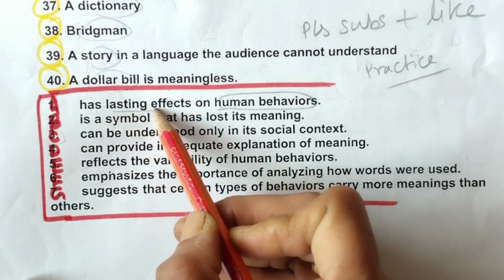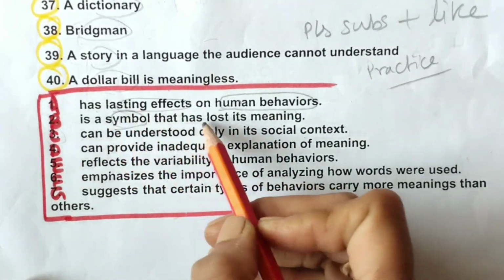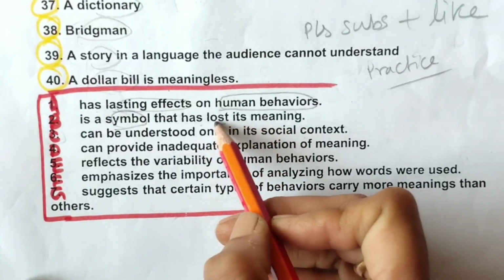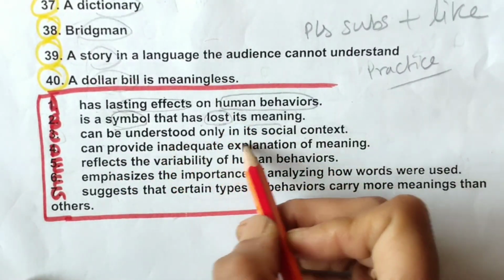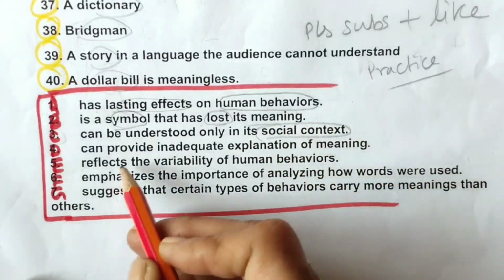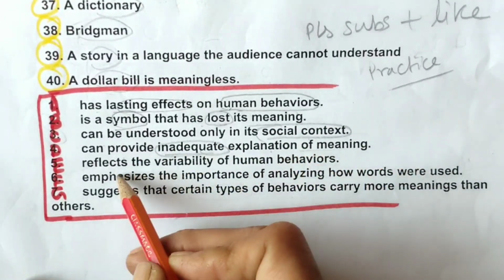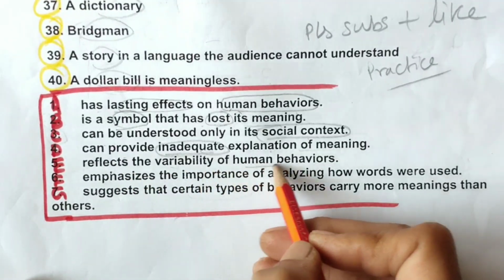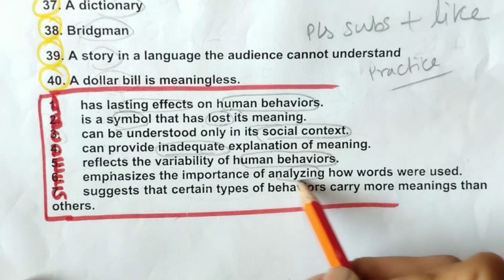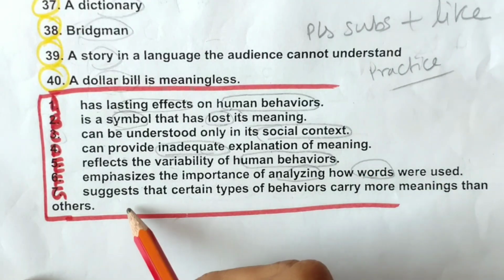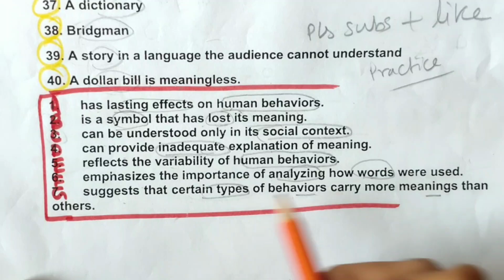Has lasting effects on human behaviors; is a symbol that lost its meaning; can be understood only in social context; can provide inadequate explanation of meaning; reflects the variability of human behaviors; emphasizes the importance of analyzing how words were used; suggests that certain types of behaviors carry more meanings than others.